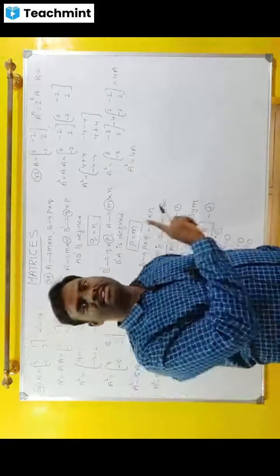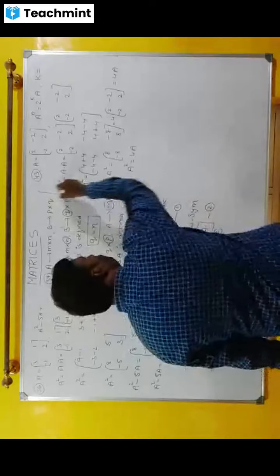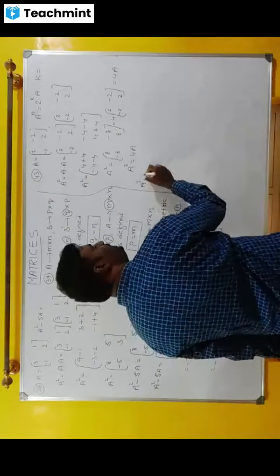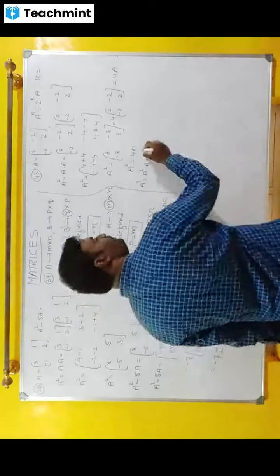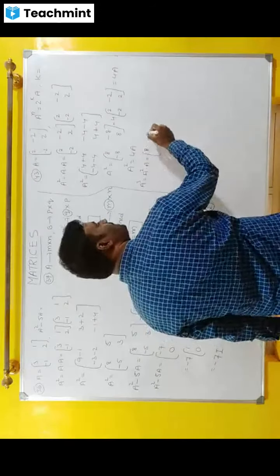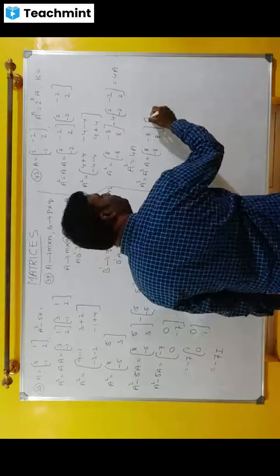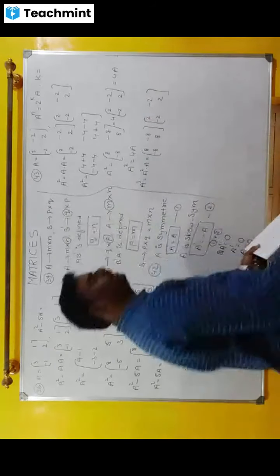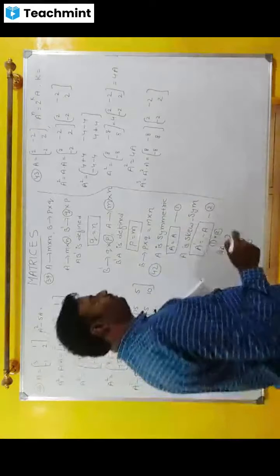Don't decide based on a single value. We'll find A cube also. A cube is A square into A. A square is [8, -8; -8, 8] and A is [2, -2; -2, 2]. Again apply the matrix multiplication concept.